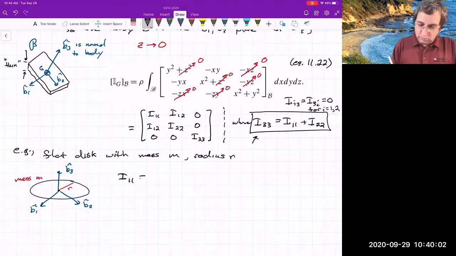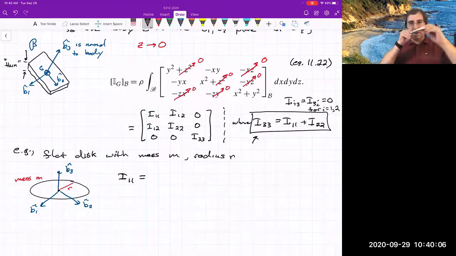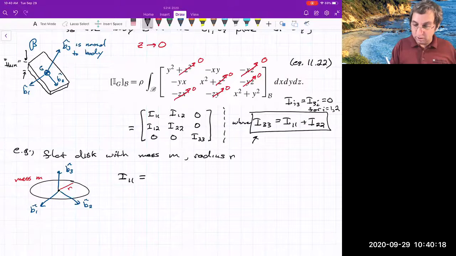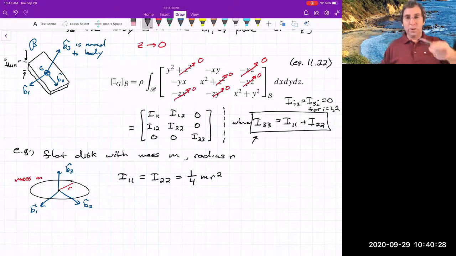What you'll find is that I11, so that means taking the disk and trying to rotate it about B1. Since this has rotational symmetry, there's no difference between the B1 direction and the B2 direction. So due to rotational symmetry, I11 is the same as I22. And it turns out to be 1/4 mr squared. What would I have guessed?